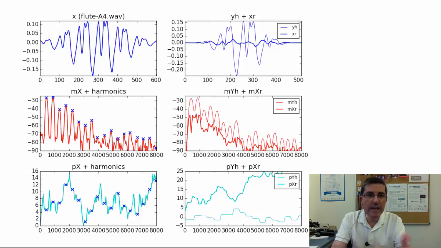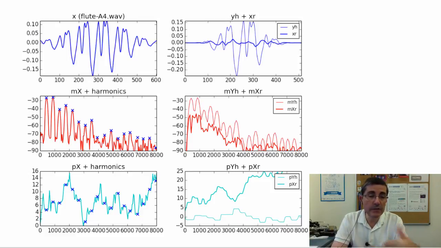And then if we subtract these synthesized sinusoids or harmonics from the original one, we get this dark red and dark cyan color. Okay, and this is the residual spectrum in magnitude and phase representation.